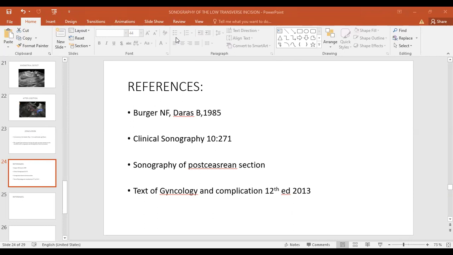Later, when they came for a scan, there was no evidence of hematoma, but the only thing we saw was a cyst on the right adnexa. So I wanted to ask, is there a relation in terms of infection that could have gone there during the time of operation, or is it something new that has come up?